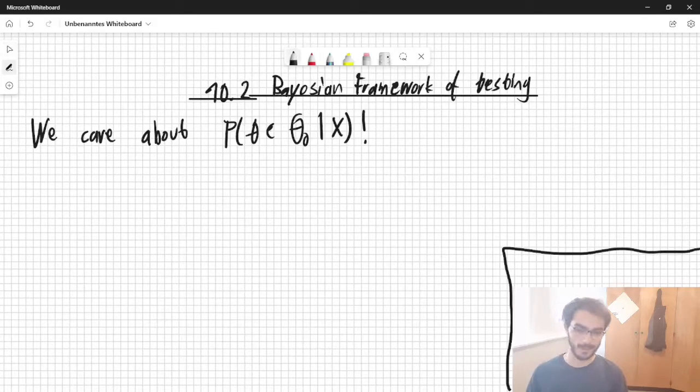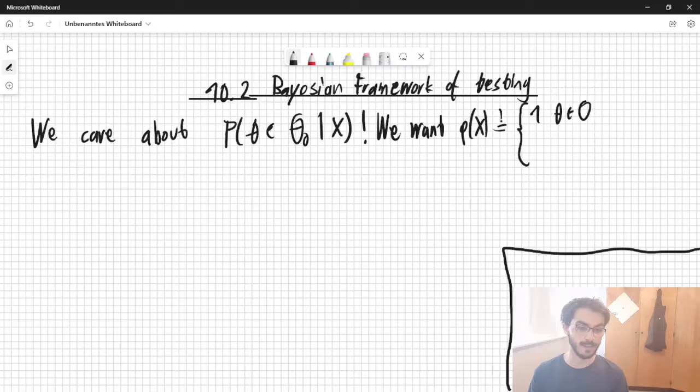If you think about it, for a test we want phi of x, and this won't be the case because life isn't that nice, but we want that this is 1 if H0 is true, so if theta is in theta 0, and 0 if that's not the case. So we want this to be equal to the indicator function of theta being in theta 0, which is just a fancy way of saying what I just said.